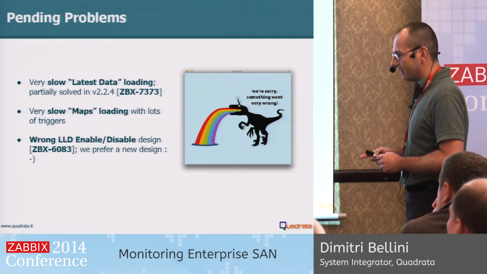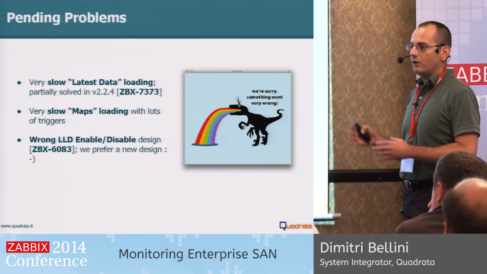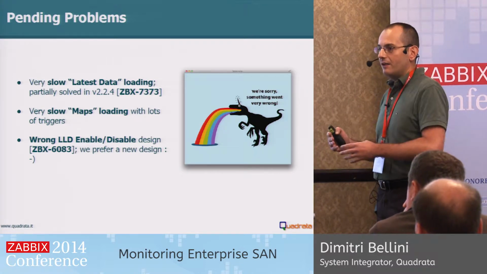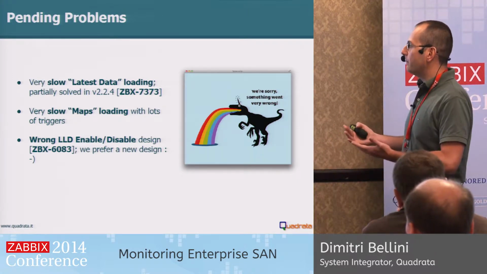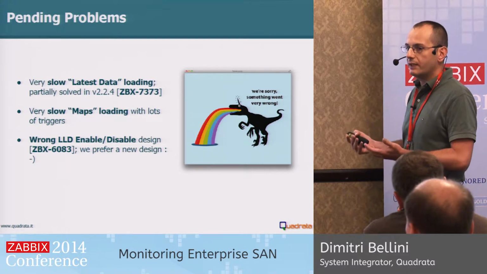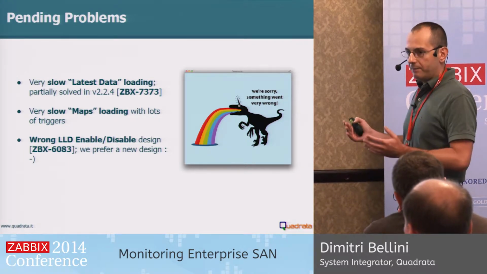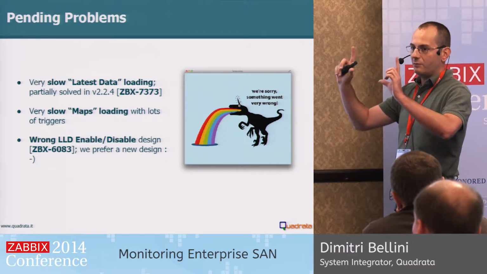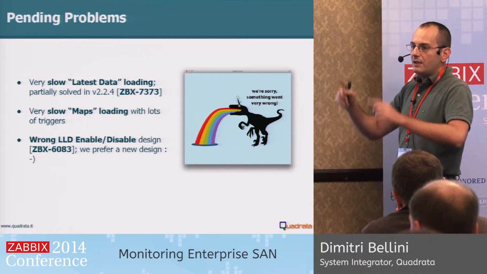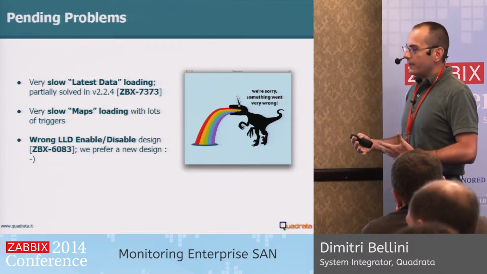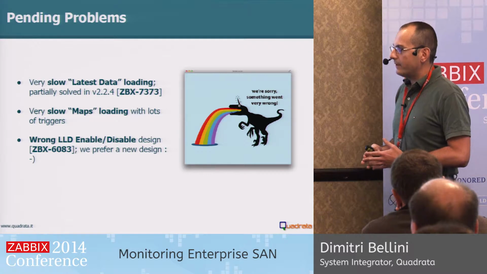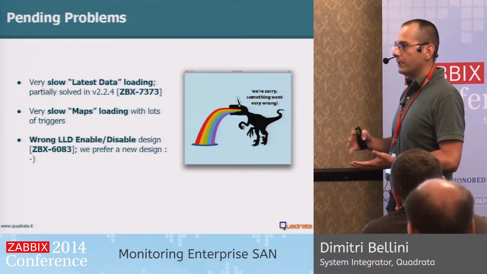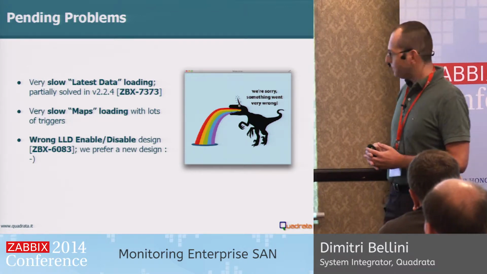Maps are still slow because our devices have a lot of items and a lot of triggers. So, for example, we have 3,000 triggers in a single map, and if one shows every site in one single map, the query is very big, and our maps actually need 2 minutes to reload.